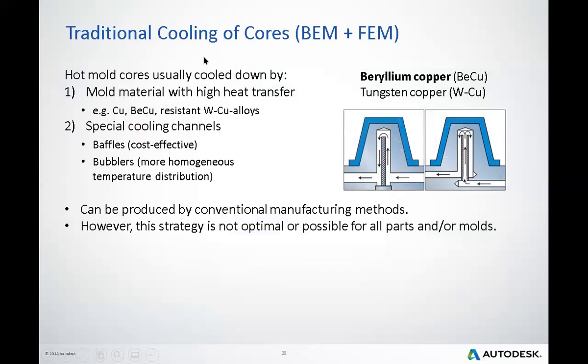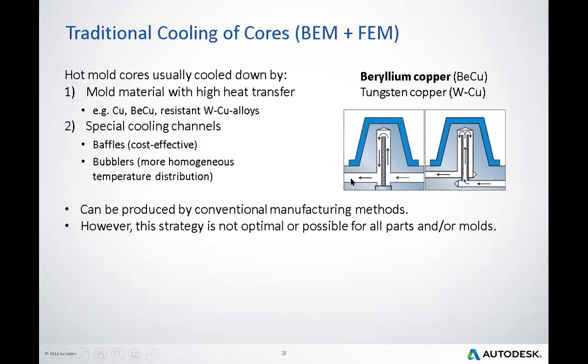Traditionally, we use a lot of techniques. A hot mold core is usually cooled down by a material with high heat transfer, such as copper, beryllium copper, or tungsten copper alloy. For spatial cooling channels, we use baffles, which are cost effective.